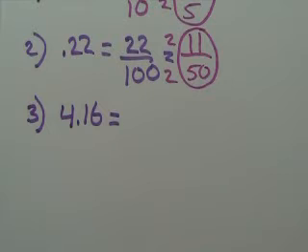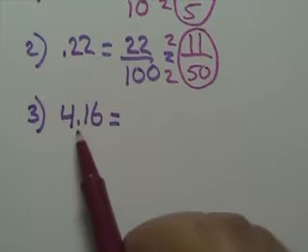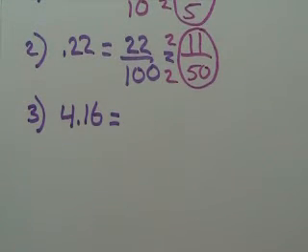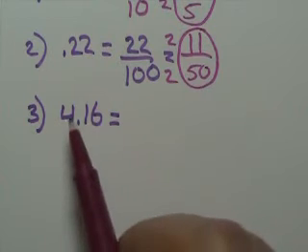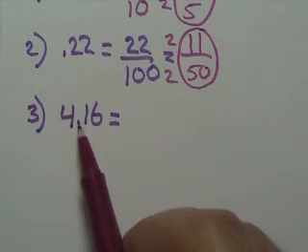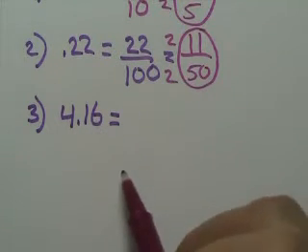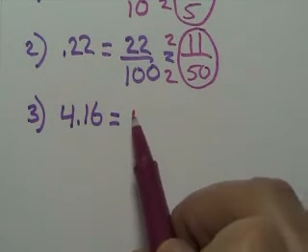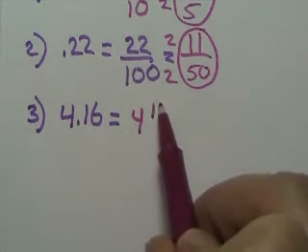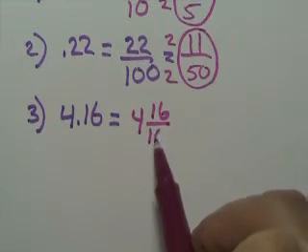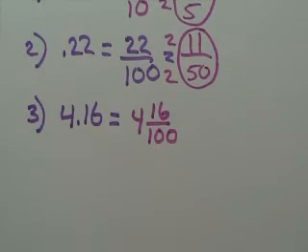Okay, 4.16. After you write it, then you say it. That is 4 and 16 hundredths. Okay, but 16/100, that can be reduced.